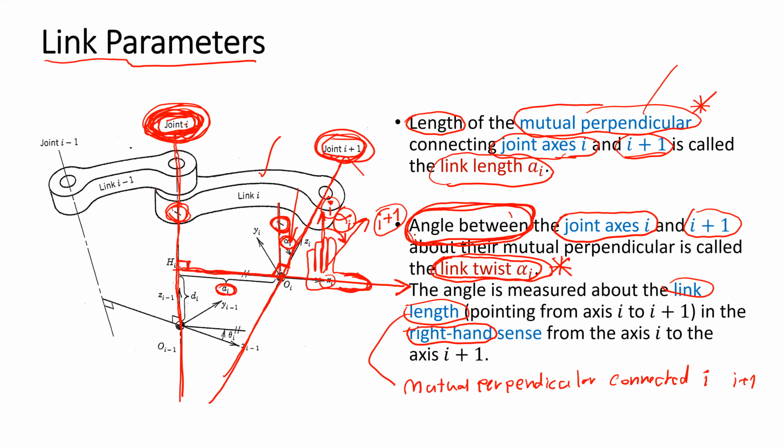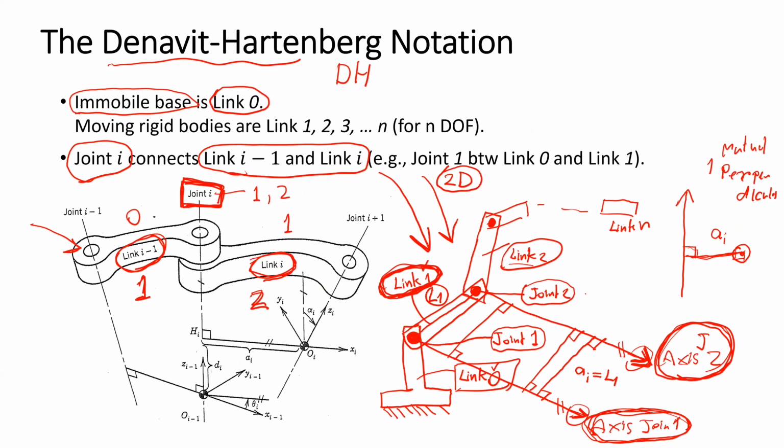My question is, what is the link twist of link 1? The direction of joint 1 is this direction, outward from the screen. The direction of joint 2 also points outward from the screen. The joints are pointing in the same direction. So what is the link twist?